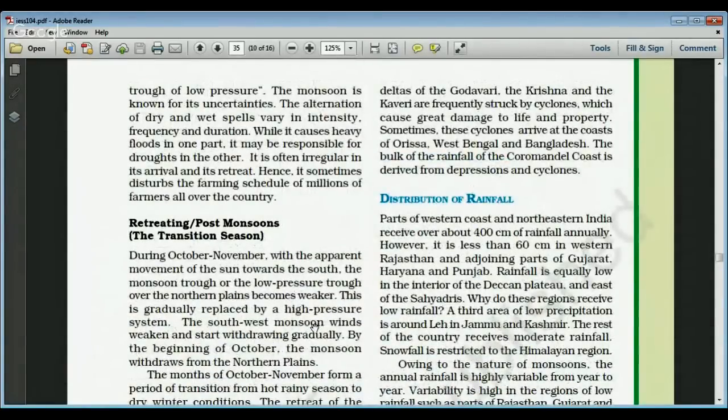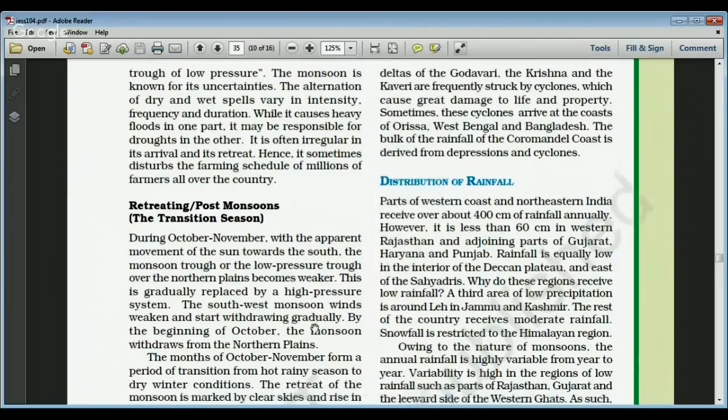And cyclones actually happen on the eastern coast of India in the deltas of Godavari, Krishna, Kaveri, and also sometimes cyclones arrive at the coast of Odisha, West Bengal, and Bangladesh. And the bulk of the rainfall of the Coromandel coast is derived from the depressions and cyclones.